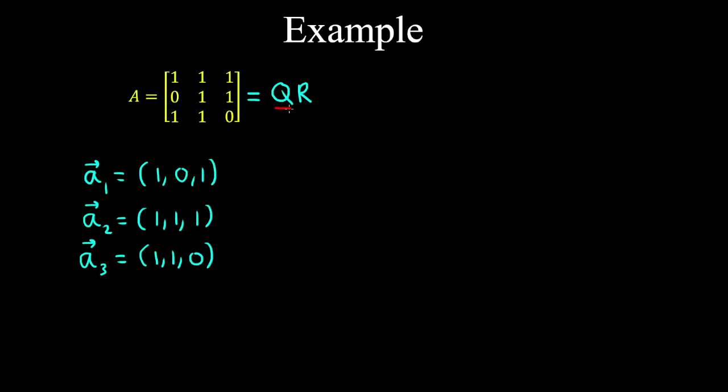Now Q is a matrix of orthogonal column vectors, which we obtain from the following column vectors using the Gram-Schmidt process. So we have Q1 being set to A1, and Q2 is obtained by subtracting the projection of A2 onto Q1 from A2.